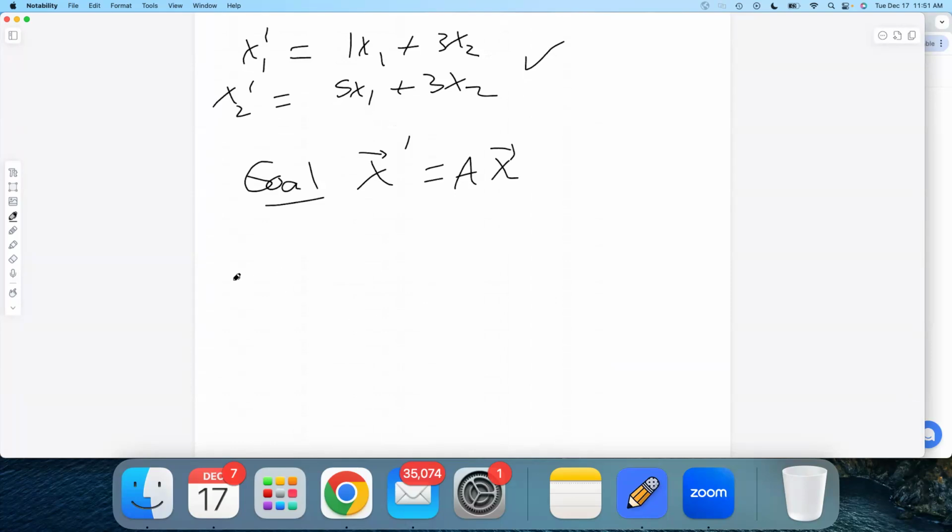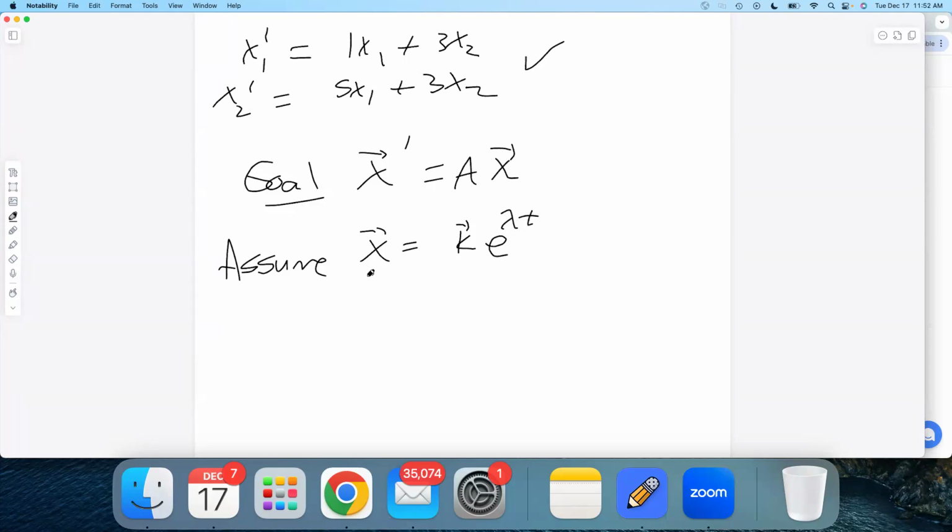Now we're going to assume, here's the theory behind everything that's about to happen, that our solution is some vector, we'll call it k, times e to the lambda t. We're going to assume our solution has this form, a lot like we did when we were doing homogeneous with constant coefficients.